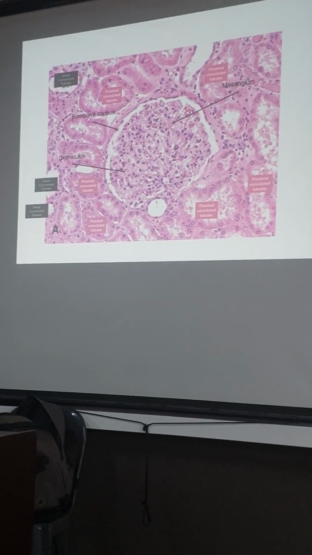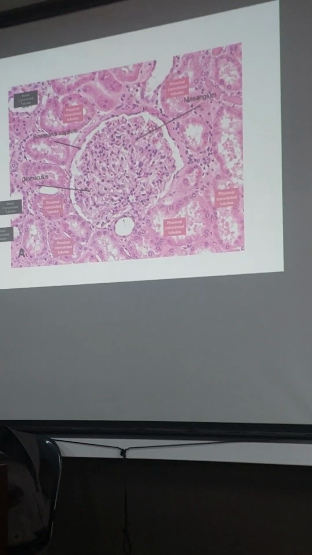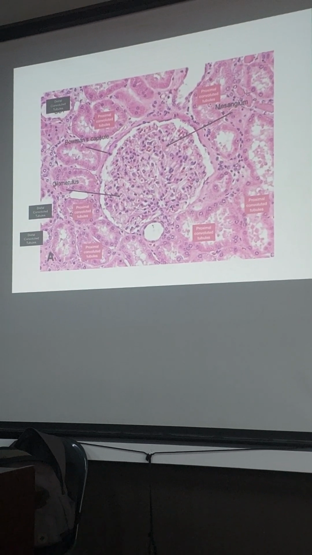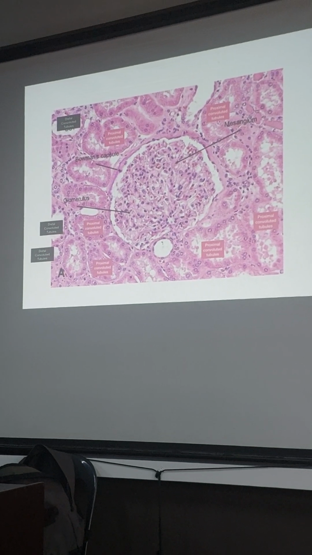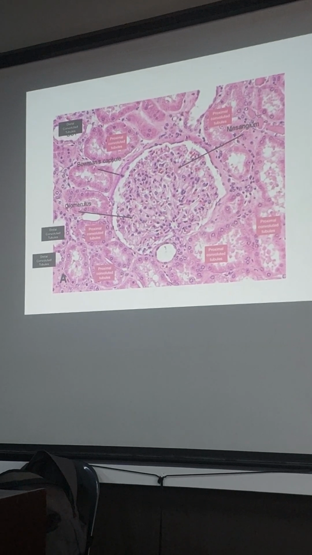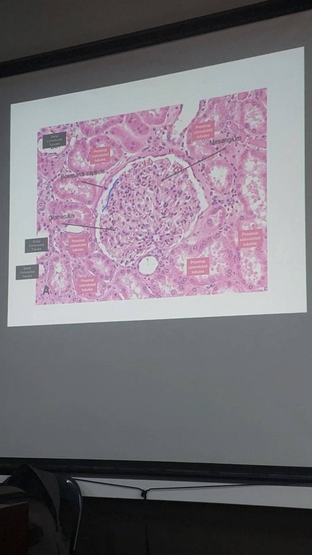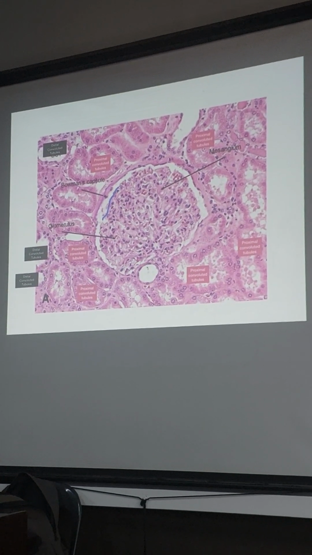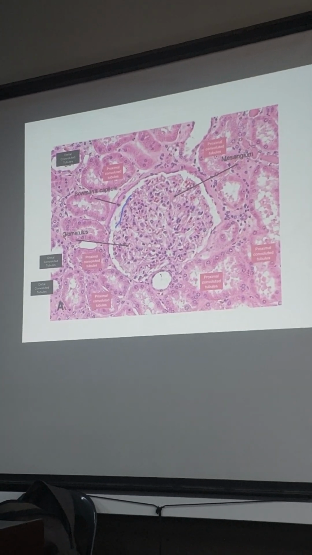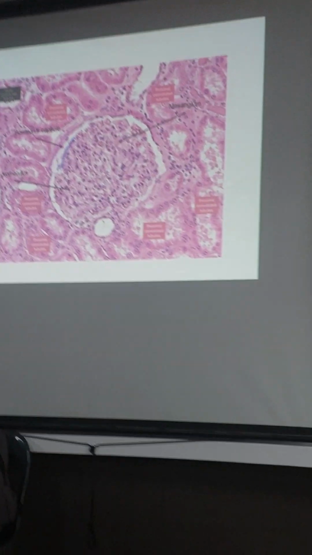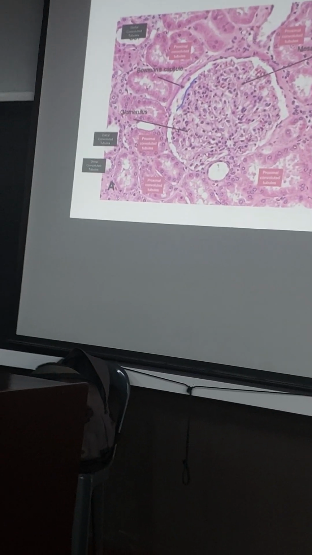The Bowman's capsule is divided into two regions. You have the parietal layer, which is composed of simple squamous epithelium, and then you have the layer that's directly on top of the glom, which is called the visceral layer. The visceral layer is composed of a very important type of epithelial cell, which we call the podocyte.